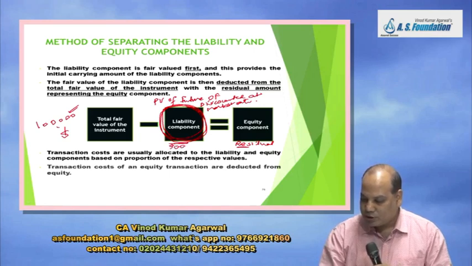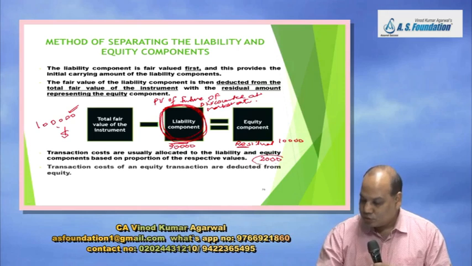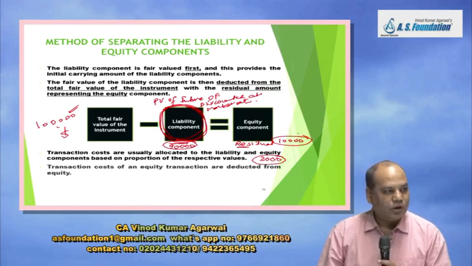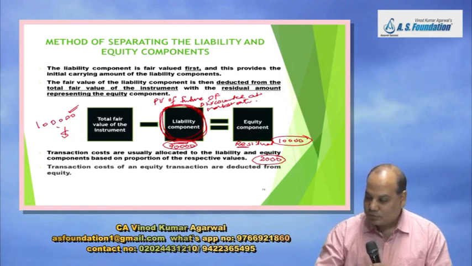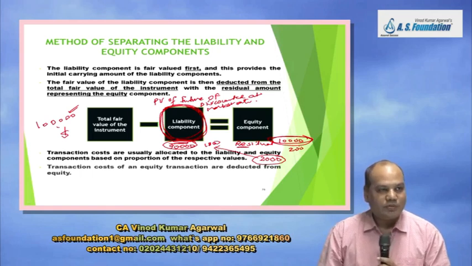Suppose the liability comes to 90,000 and the equity comes to 10,000, and the transaction cost to issue this bond is 2,000 rupees. This 2,000 rupees we will apportion over liability and equity in the ratio of 9:1. We'll solve one problem on this later. Suppose I apportion 1800 rupees here and 200 rupees here.